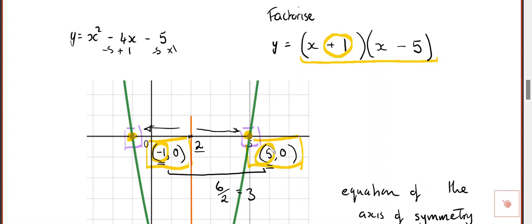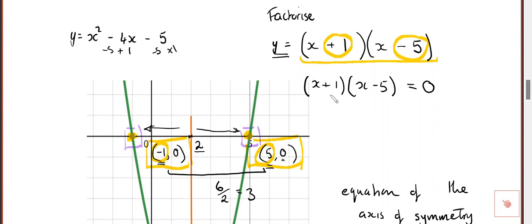We've got +5 and we've got -5. It's not just the fact they're switching. Do you notice how the y coordinate is 0 for both of those? So what we want to do is find when x plus 1 times x minus 5 equals 0, because y equals 0.